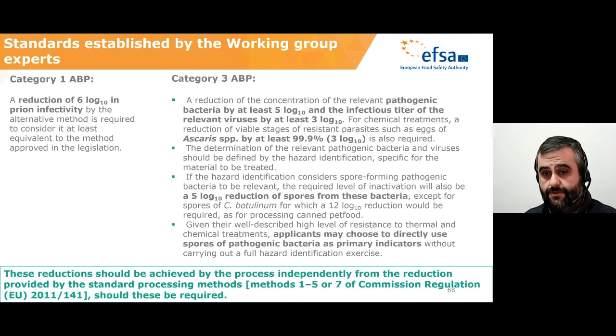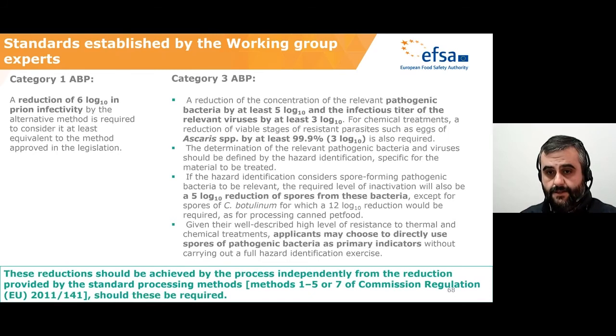Whenever Clostridium botulinum is identified as a relevant hazard, a 12 log reduction would be required. That is the typical reduction asked for processing canned food for humans, but also in the case of ABPs, canned pet food. So it's a very typical log reduction that is asked for thermal processes whenever Clostridium botulinum is identified as a target organism.